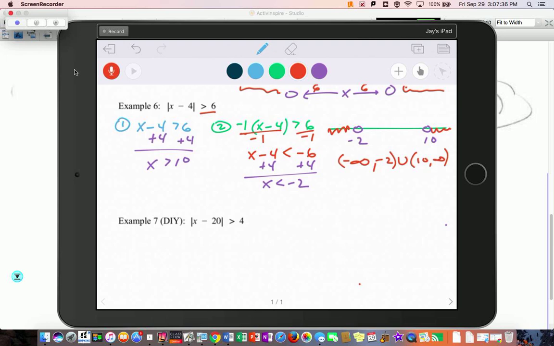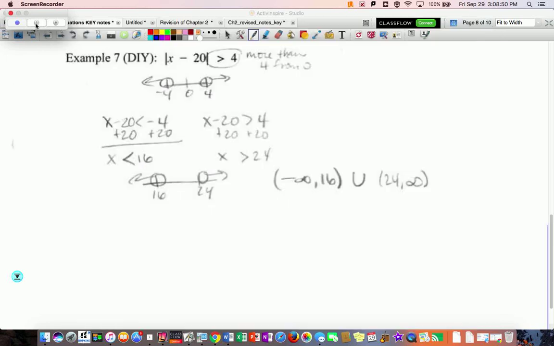That one's almost identical to 6. So again, if you do step 1 with a positive, this one, the person that did this notes, they shortcutted this. So they wrote x minus 20 with the negative in front and divided both sides by the, no, they didn't. This one.